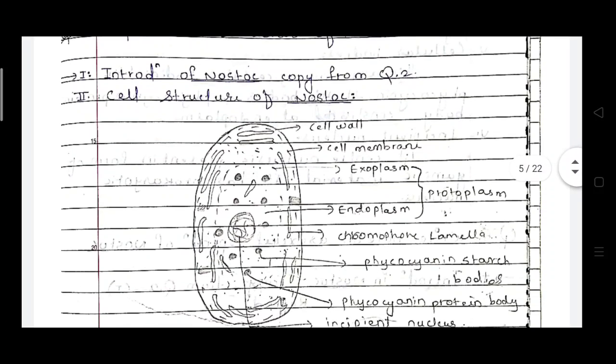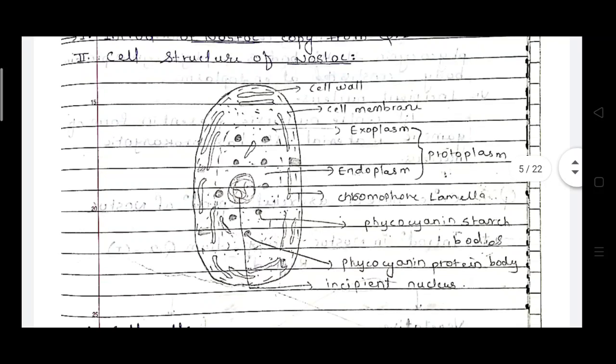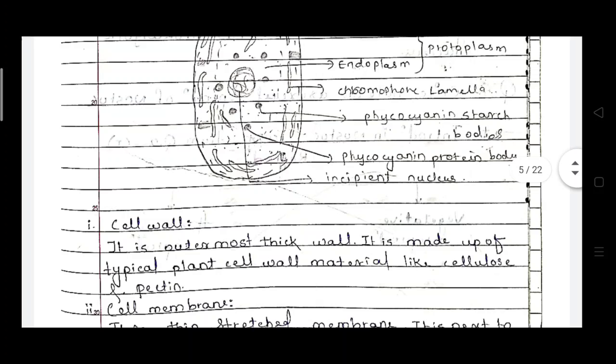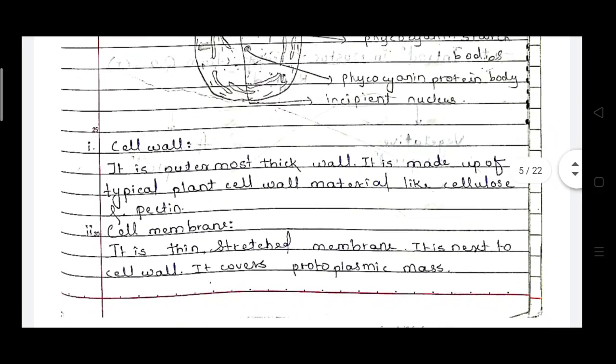Then for each vegetative cell of Nostoc, the cell structure, you have to see this figure. In that there is the cell wall, then below the cell wall there is the cell membrane, and in between the exoplasm and endoplasm are present, then some chromatophore lamellae, some phycocyanin starch bodies, and an incipient nucleus are also present in the single cell. The cell wall is very thick and is made of cellulose and pectins.